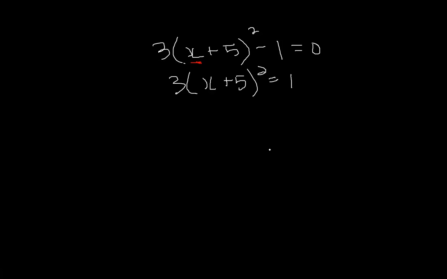Okay. What's the next thing I would do? Divided by 3. So what would I write here? x plus 5 squared is equal to 1/3. What's the next thing I would do?